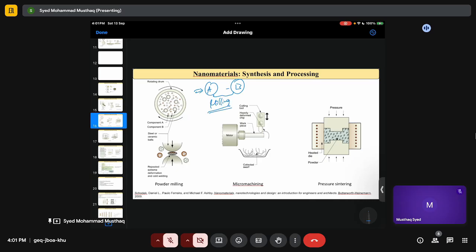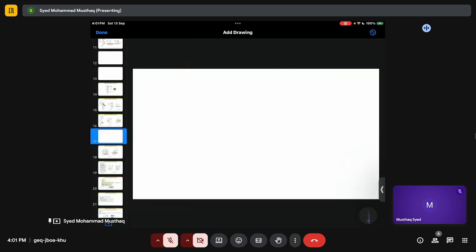So for mixing two powders, A and B, you can do the milling, or if you want to reduce the powder particle size.